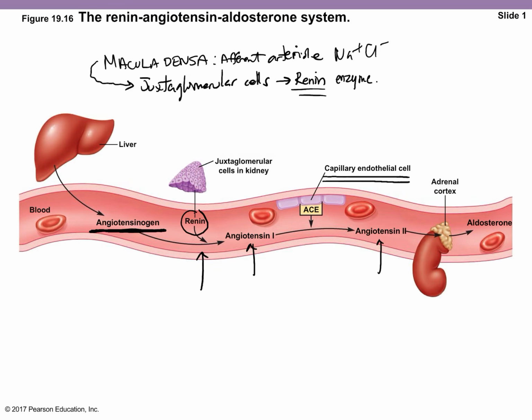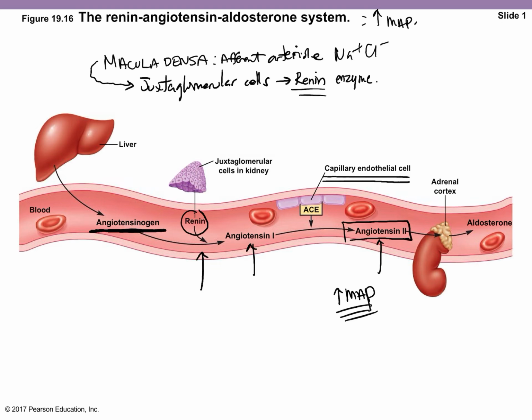Now this angiotensin 2 is the one that does a lot of work. If you look at your notes, there are 4 different effects that angiotensin 2 has. And all of them are going to increase blood pressure. So angiotensin 2 is a big increase in your blood pressure, okay? All of this RAAS pathway is to increase your blood pressure.